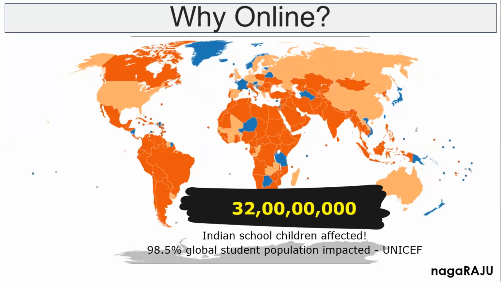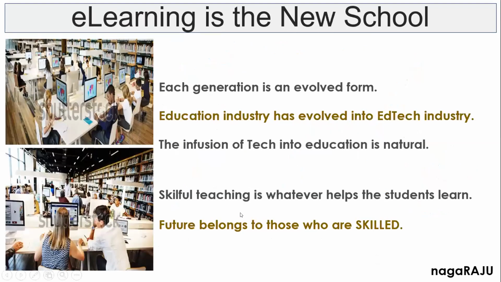We'll come to that a little later perhaps, but what I would like to tell you is this is one good alternative that we have in the current situation. And that's exactly why we need online learning. The education industry has already evolved into the edtech industry, and we have to accept that.